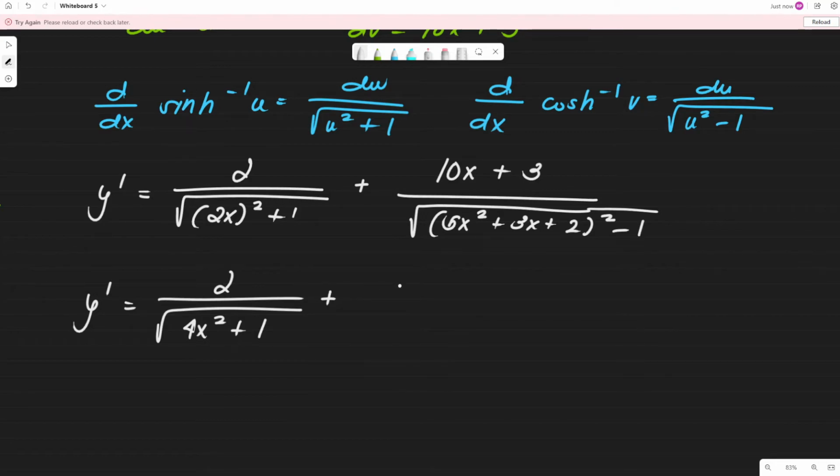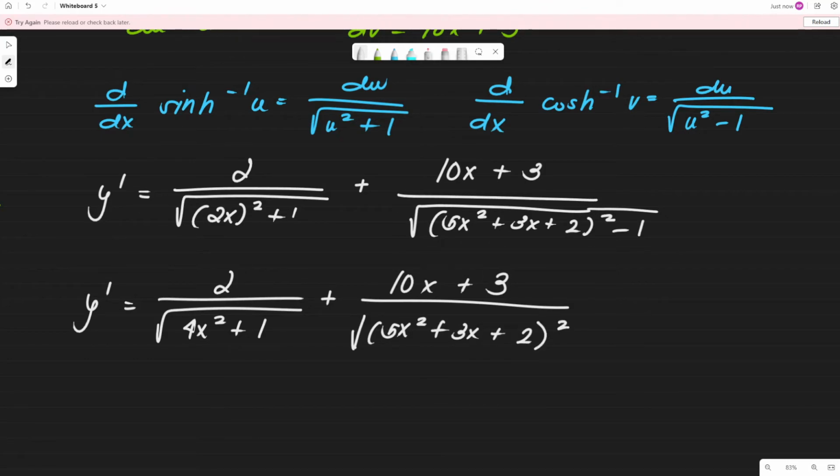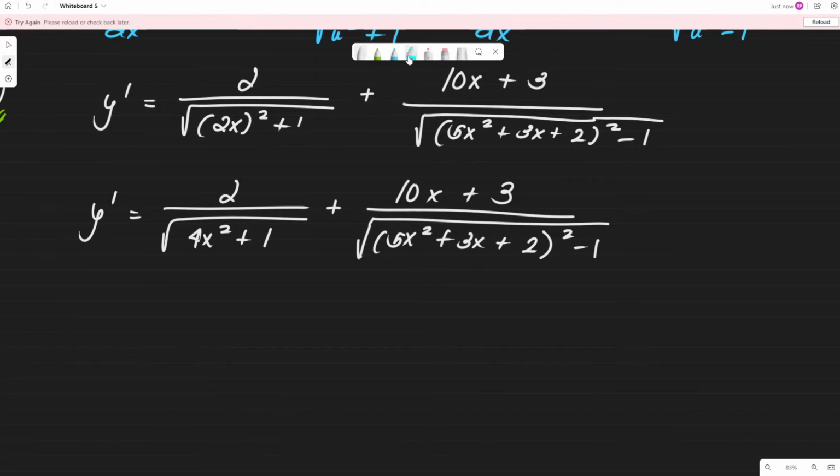Then, plus 10x plus 3 over, this one is quite hard to expand, di ba? Trinomial. So, hayaan na lang muna natin yan. Squared minus 1. Ayan. So, this is our final answer.